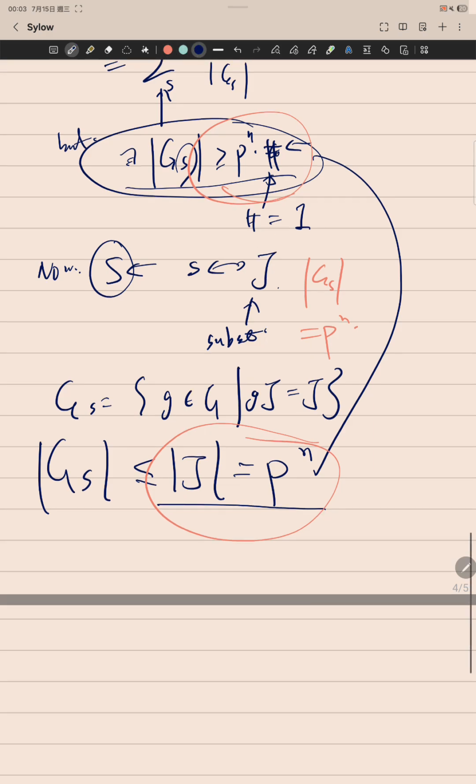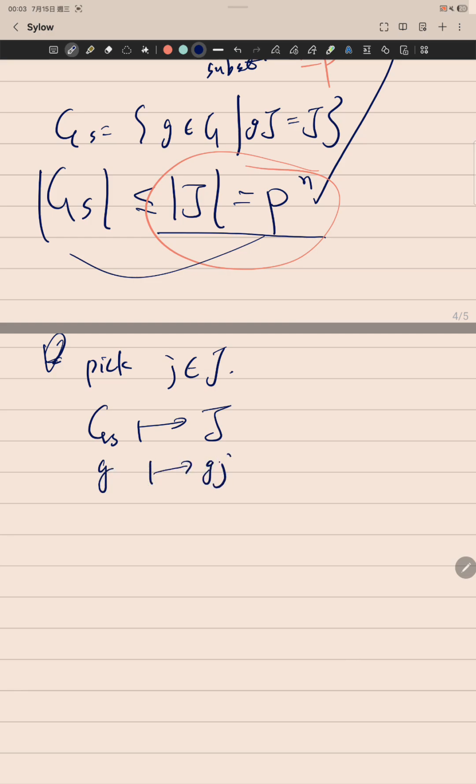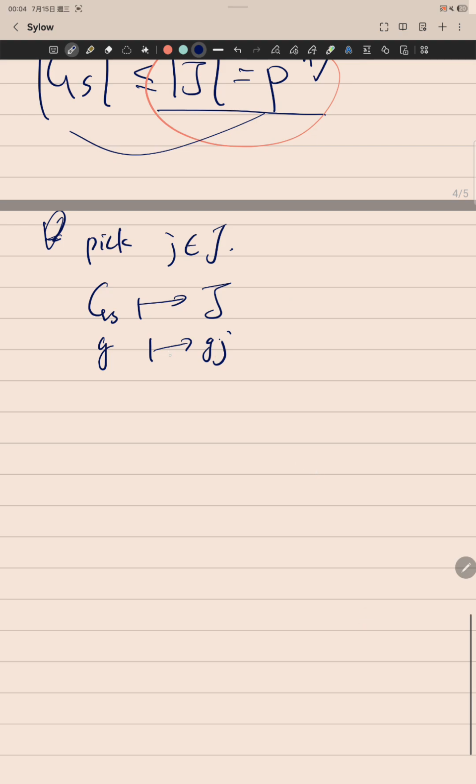To prove this is very simple. We notice the following. Let's say I pick some small j in J. I consider the following map, which maps G_S to J by g to gj.